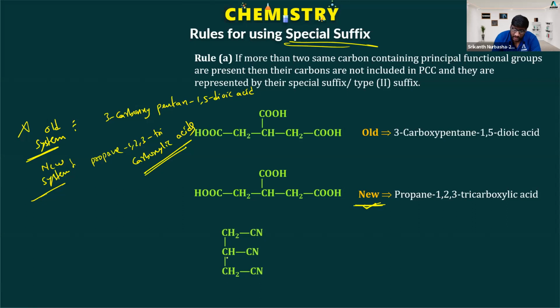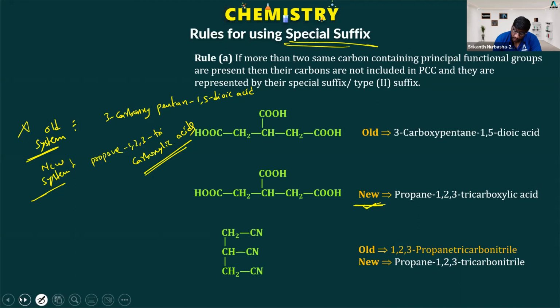So what is the name of this compound in the old system going to be? Like 1, 2, 3 propane tricarbonitrile. Yes or no? Propane-1,2,3-tricarbonitrile, that is going to be the correct name. The old system will be 1, 2, 3, 4, 5.